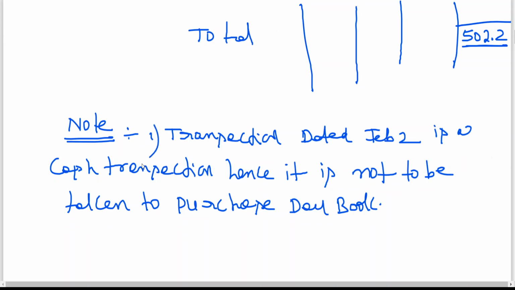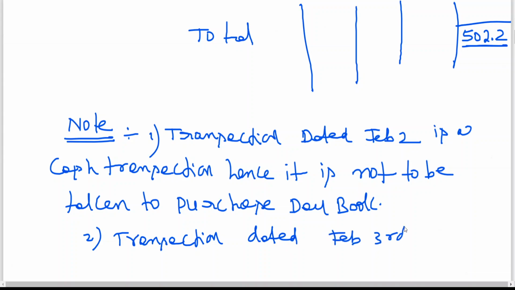Then, transaction dated February 3rd is purchase of asset on credit, but not purchase of goods.